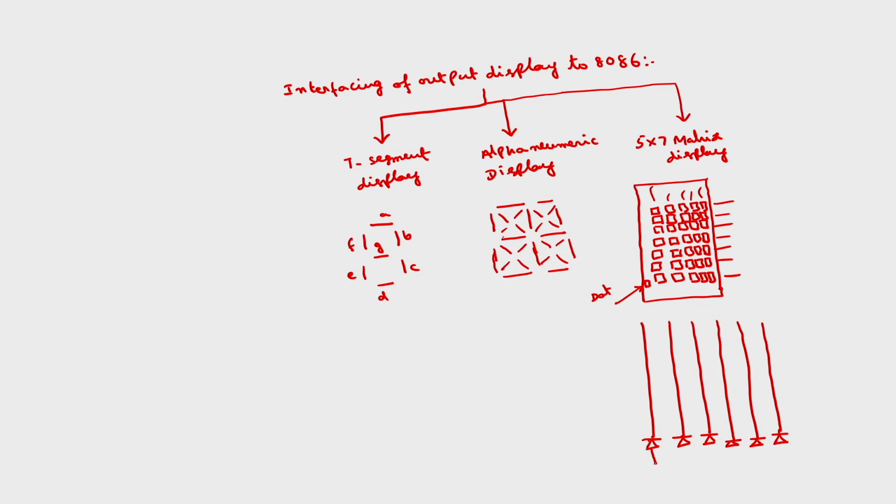This will be connected to a port, and then we have here along these 7 rows, at each intersection we have another segment.